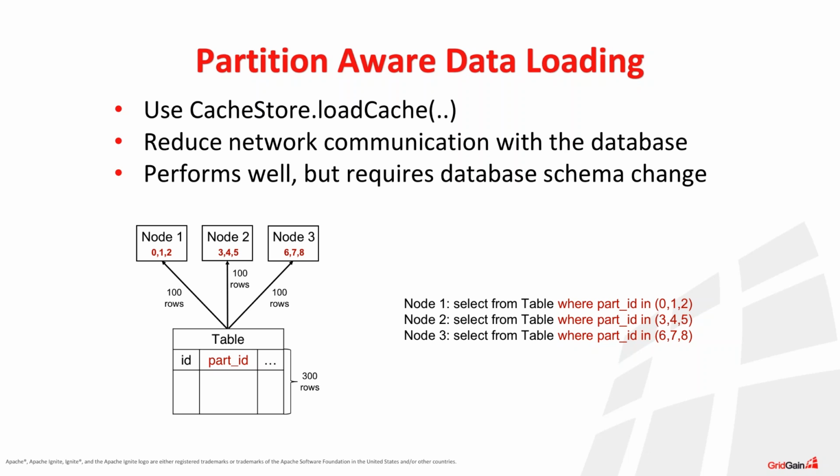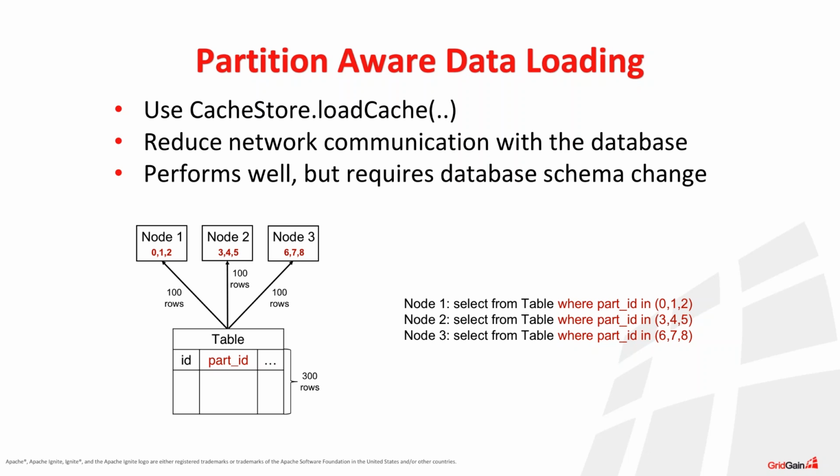What we do here is add a special partition ID column into the table in the database and pre-calculate this column. The mapping between the key and partition ID never changes, it's constant, so you can pre-calculate the partition ID for each ID and save it into this column.